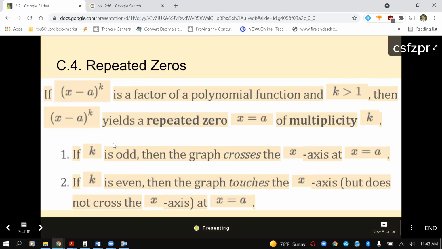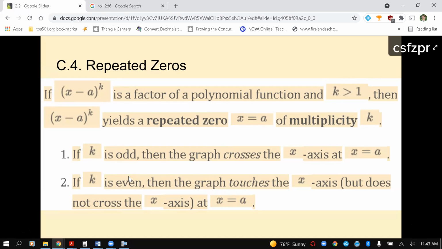If k is an odd number, then the graph will cross through at that intercept. And if k is an even number, then it touches and turns at that intercept. Remember seeing that before? No? Well, that's okay. I'll show it to you again.